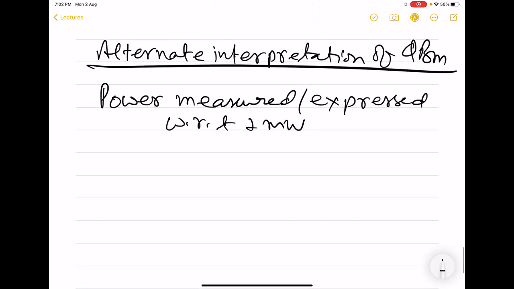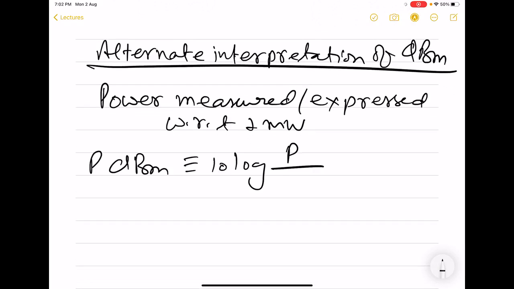So what is the meaning of this? Say for example, if we have P dBm of power, then this definition says that we take 10 log of P divided by 1 milliwatt. So here we see that this power is getting measured, expressed, normalized or referenced with respect to this 1 milliwatt of power.